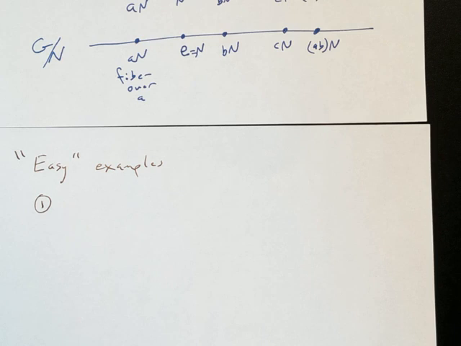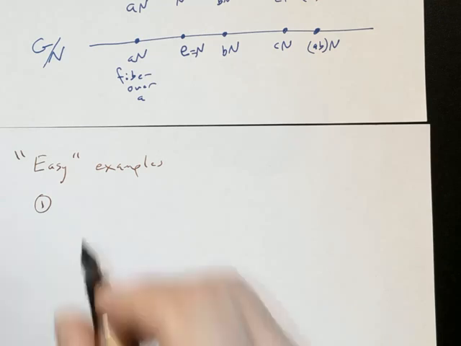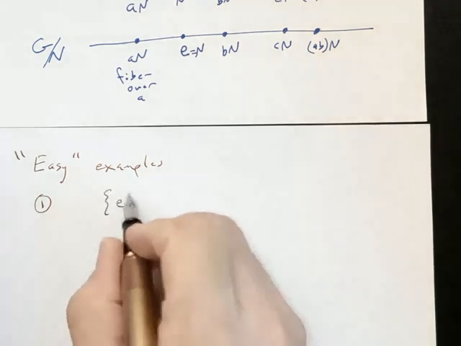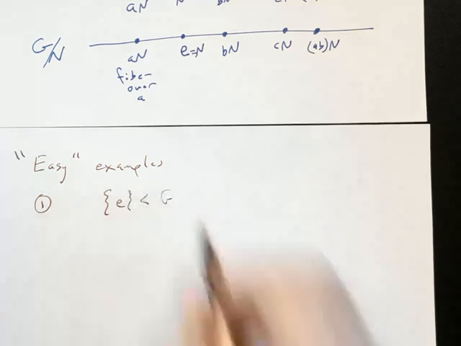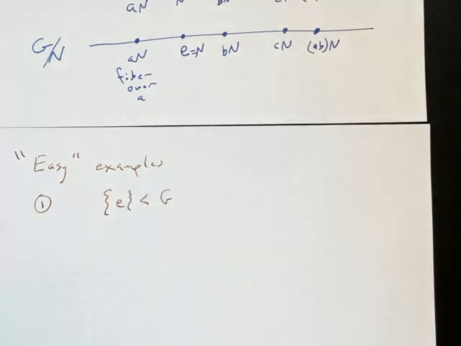E is E. Contains the identity. It's got inverses. It's associative. I don't care how many parentheses you put around E times E times E, you get E. Okay. So that is clearly a subgroup of every group.